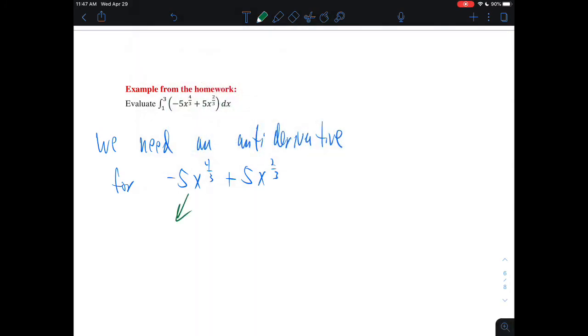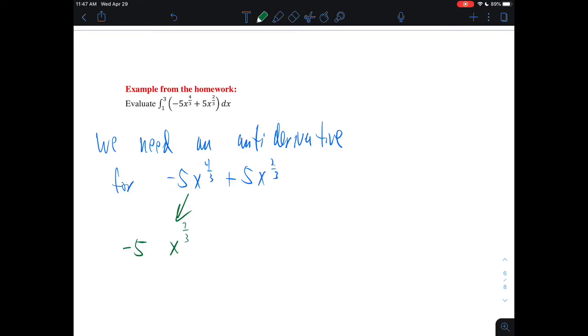How about -5x^(4/3)? Remember with antiderivatives where you have power functions, the constant -5 just carries on through. I have to increase the power by 1, so 4/3 plus 1. But 4/3 plus 1 is the same thing as 4/3 plus 3/3, which just ends up being 7/3.